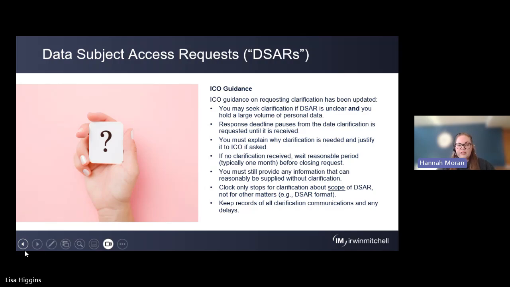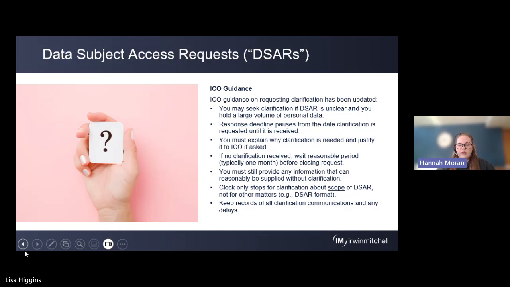If no clarification is received at all, you're able to wait a reasonable period of time. The ICO advises 1 month would be appropriate before closing the DSAR, but you've still got to provide any information that can be reasonably supplied without that clarification. So that could be like a personnel file if it's an employee that's made a DSAR or something like that.